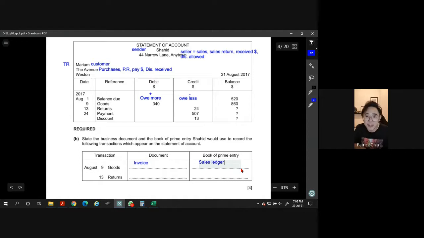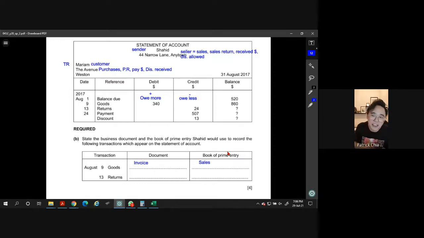Now let me give you one tip here. What if you put just sales? Can you get marks or not? What do you think? This one not sure, right? But somebody tried this before and apparently managed to get marks, because when the question asks about books of prime entry, this candidate didn't know whether it's sales journal or sales ledger.